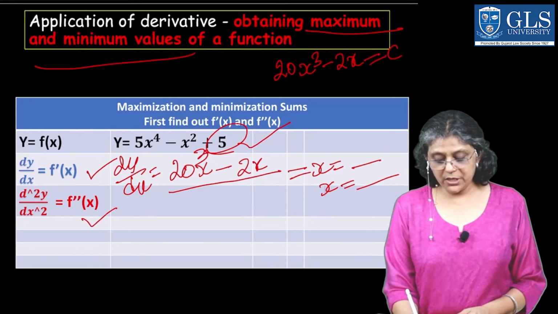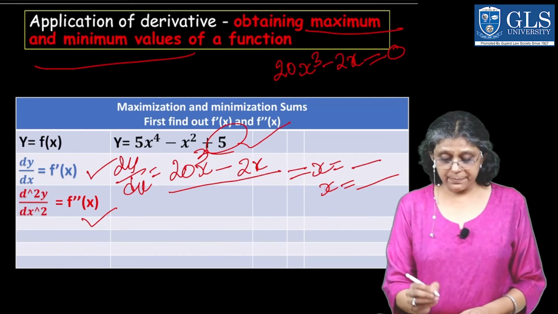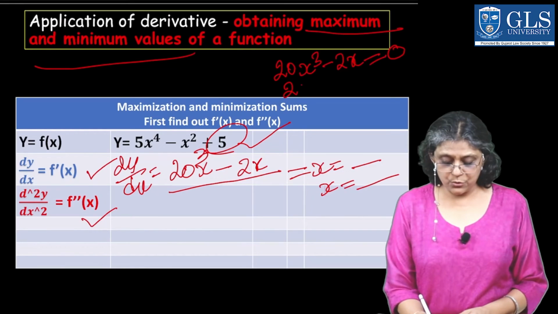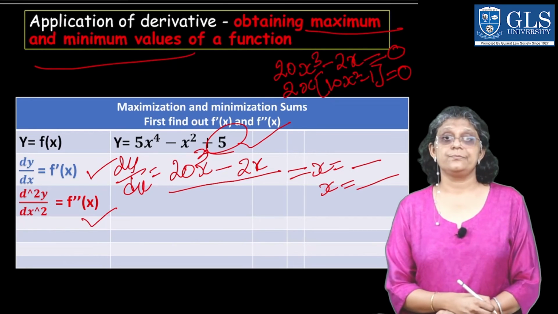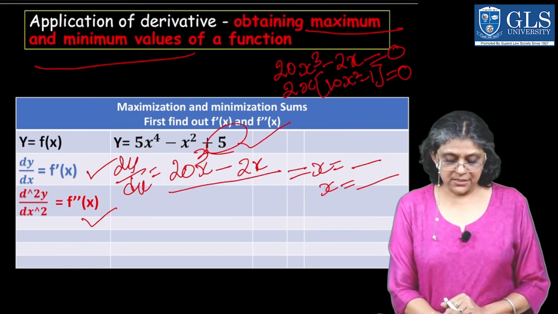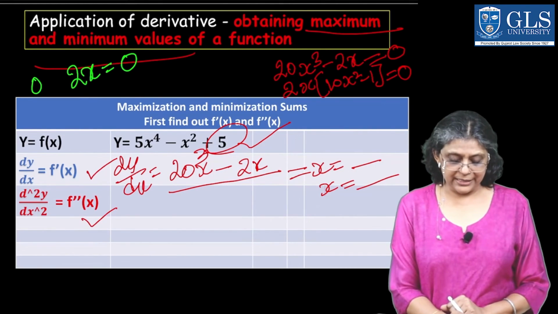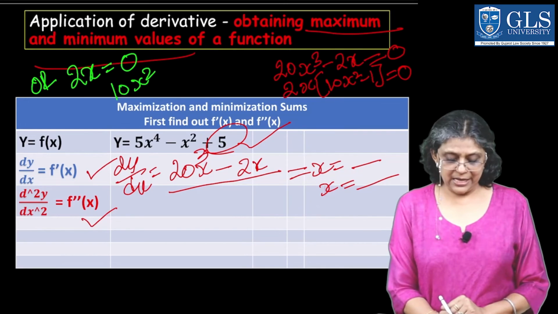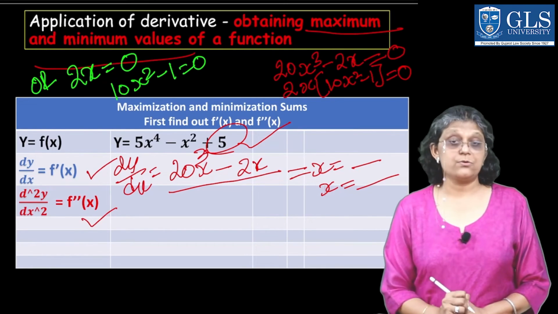I have told you, equate it to 0. Before that, I see something else: 2x is common, so 10x square minus 1 is equal to 0. That will give me what value? That is 2x equal to 0, or 10x square minus 1 equal to 0.